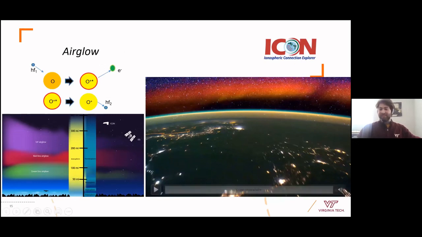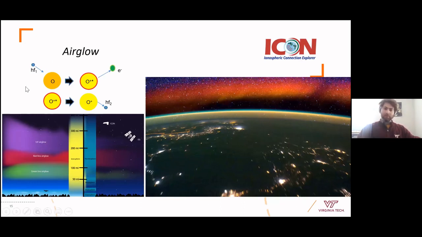Airglow is exactly what it sounds like. The air will glow at different wavelengths depending on the process that leads to the airglow and depending on what species is emitting these photons. So one such process that can lead to airglow is related to our ionization in the thermosphere of atomic oxygen.